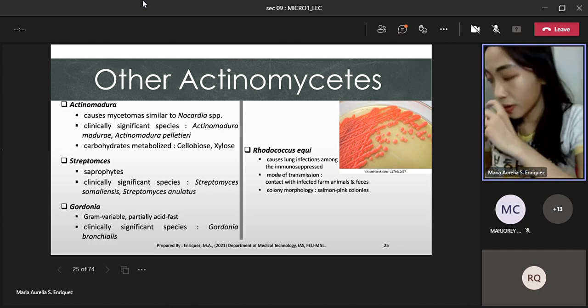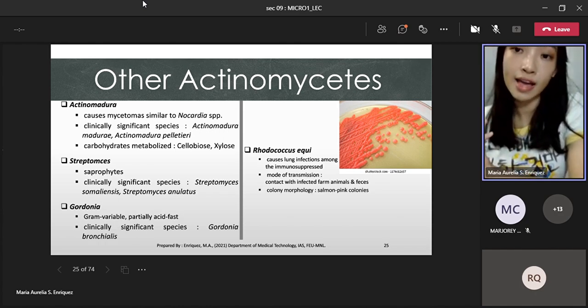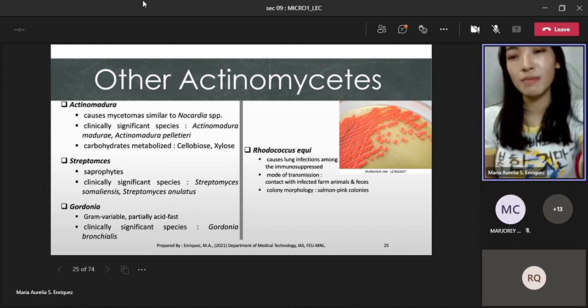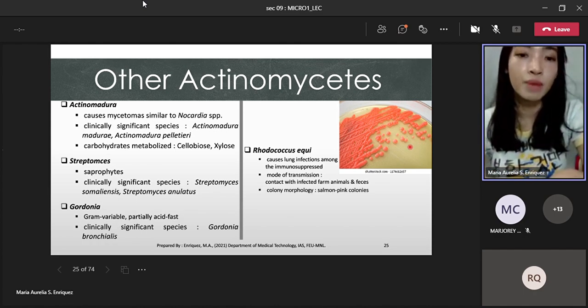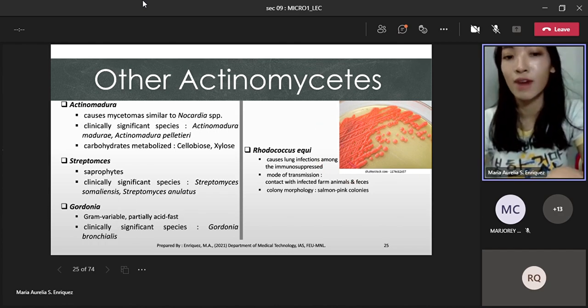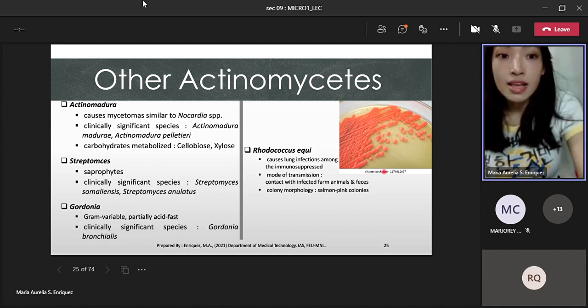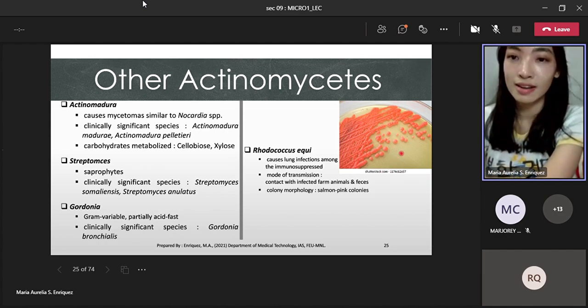Ayan po. So, microscopically, magkahawig yung Nocardia and yung Rhodococcus. Pero, macroscopically, ma-differentiate natin sila because of the production of salmon pink colonies, as you can see right here. So, kapag nakita nyo po na salmon pink yung isolate, then most likely po, Rhodococcus equi yung kino-contain ng clinical sample natin.